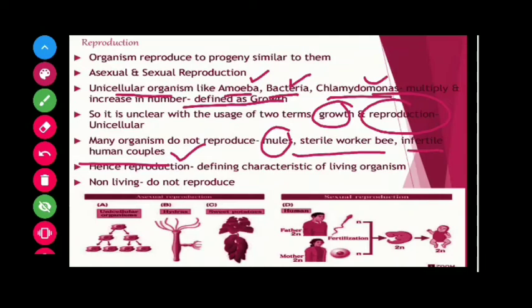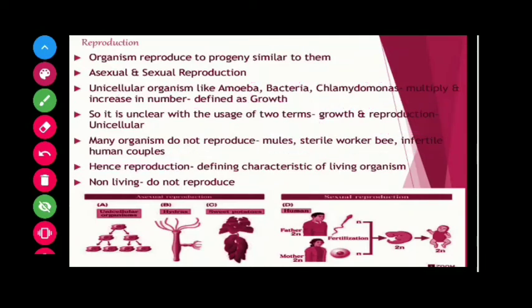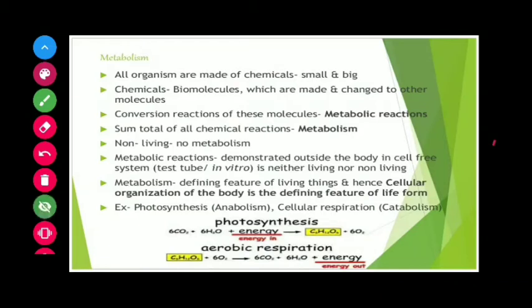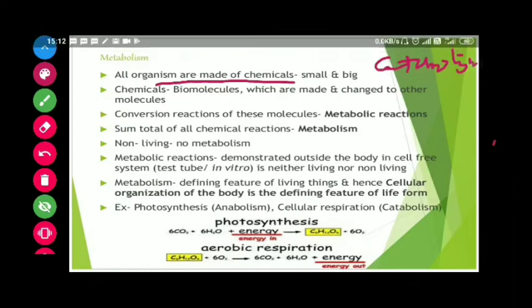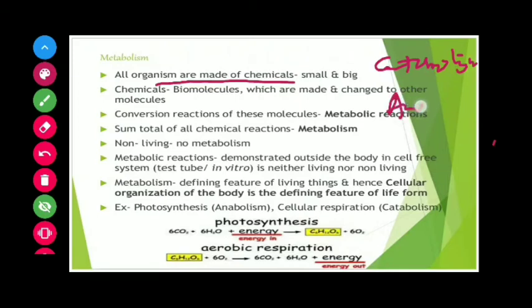Now, the third point, which makes a clear-cut distinction between living and non-living, is metabolism. Okay, metabolism means all chemical reactions that occur in the living cells, which include catabolism and anabolism.